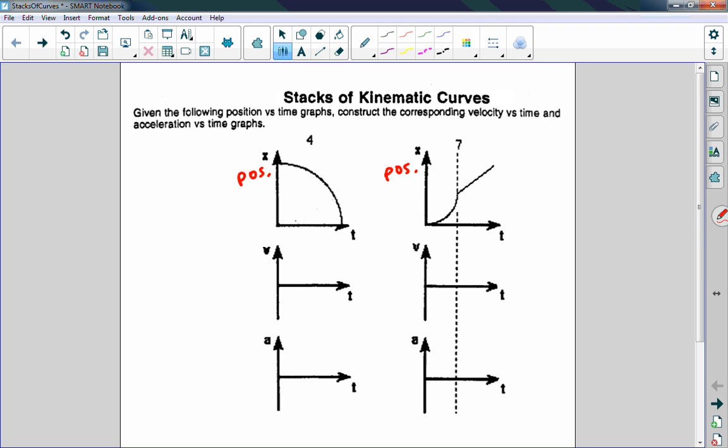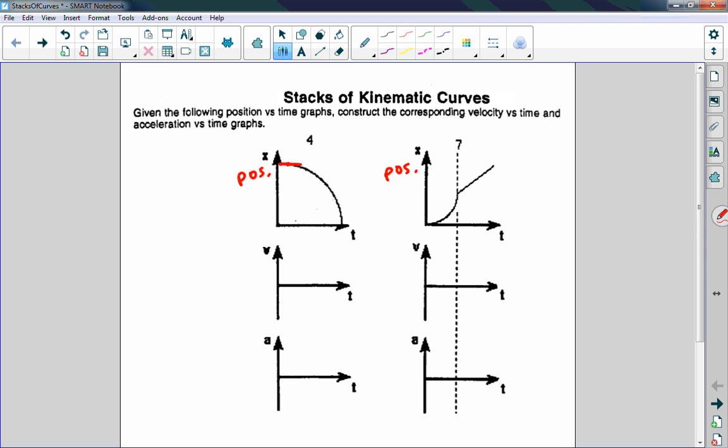So if you look at this curve on number 4, you can tell that it starts off with a really flat slope. Let's pick a point near the beginning of the graph, and you could take the slope of a tangent line at that point, and that would represent the velocity at that point.